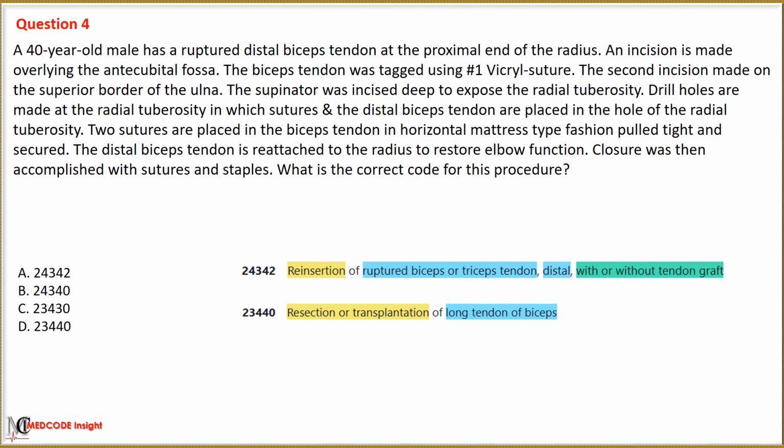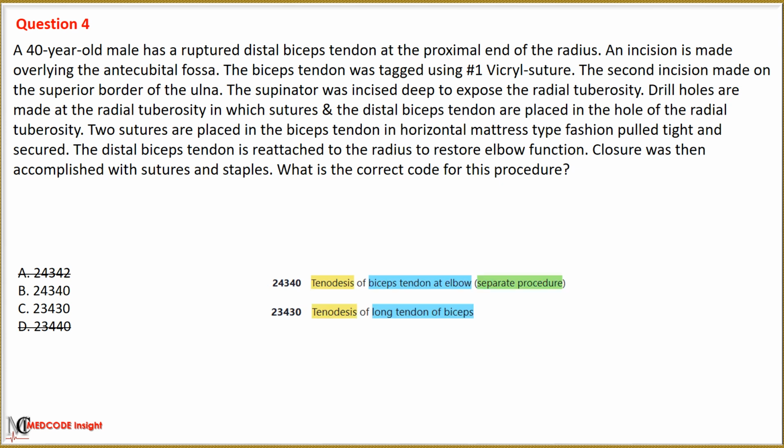Based on the type of the procedure performed, we first eliminate option A with code 24342 used for reinsertion of the ruptured tendon and option D with code 23440 used for resection or transplantation of the tendons. In both remaining options B and C, codes are used for tenodesis but at different locations.